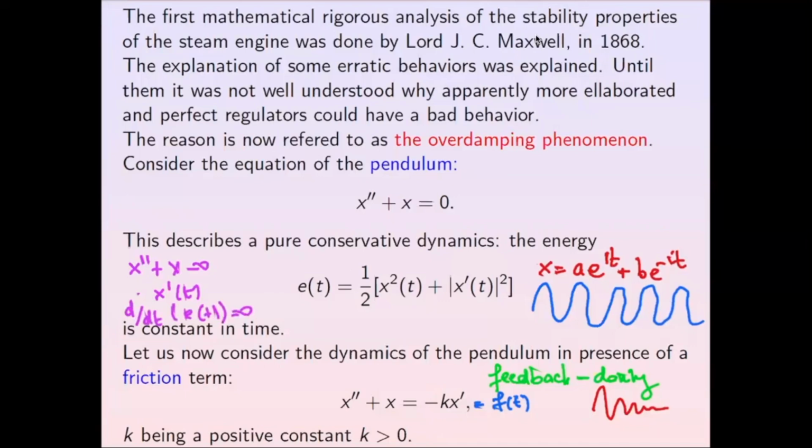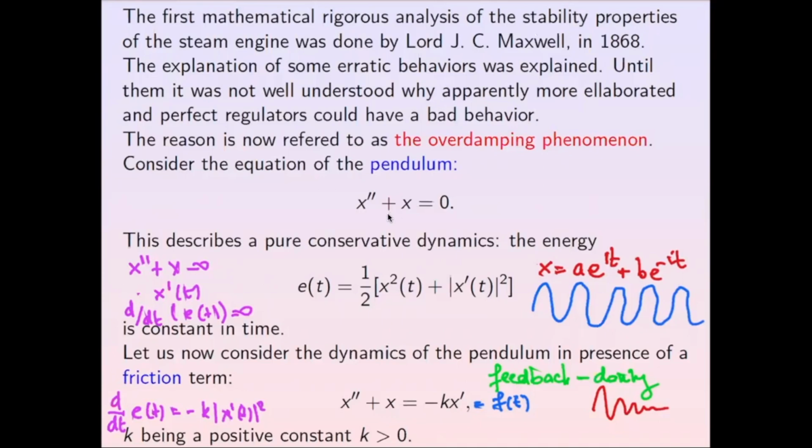Here, if you do the same, then you get a dissipation law saying that the derivative of the energy is minus k times x prime of t squared. So you see indeed that by adding this dissipative term, in principle, we are dissipating energy, okay?